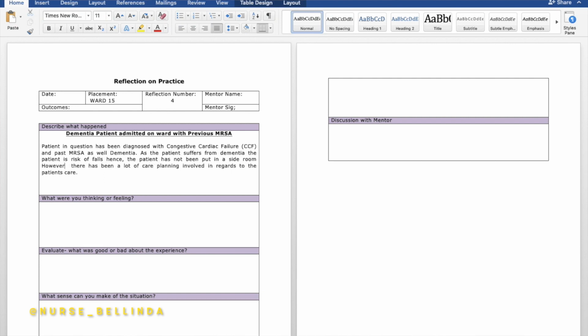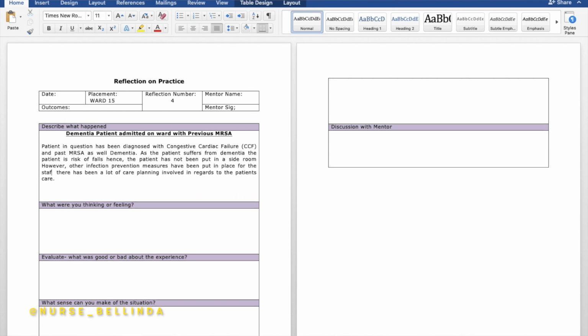However, other infection prevention measures have been put in place for the staff as well as the other patients in the bay.